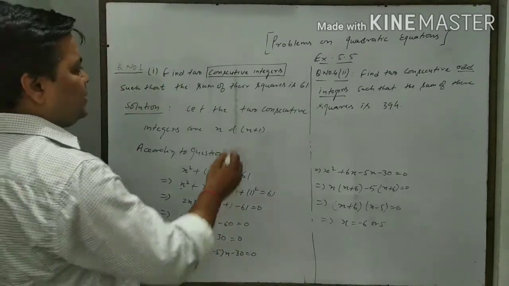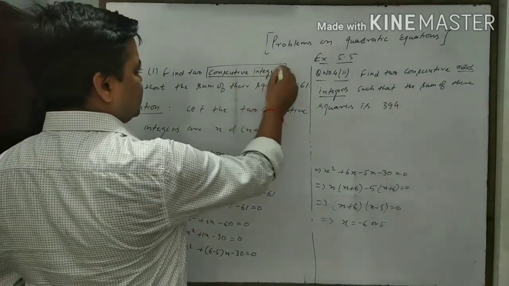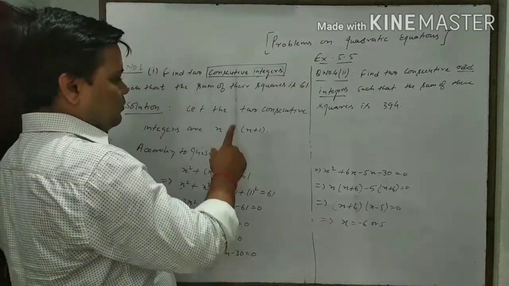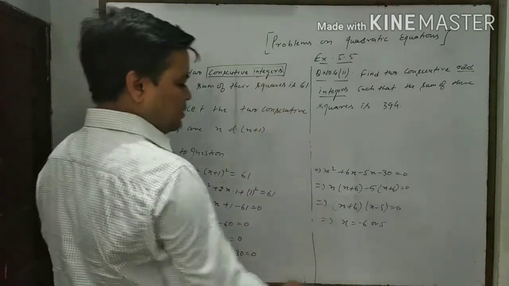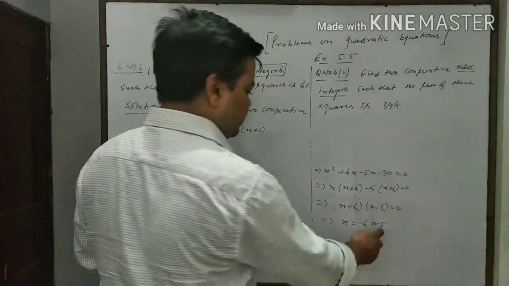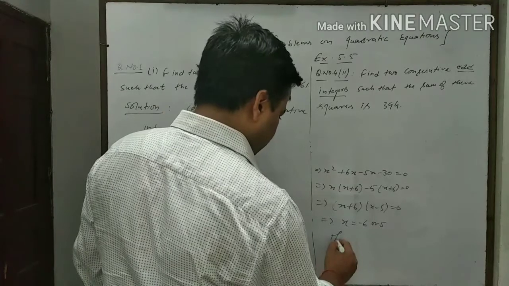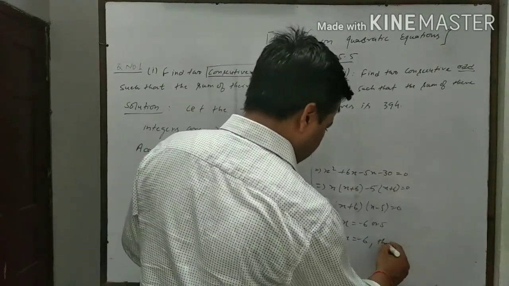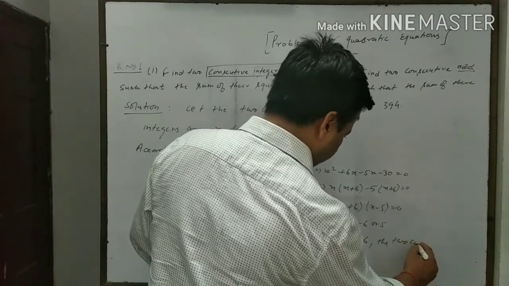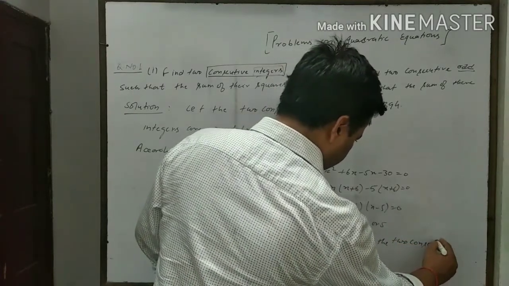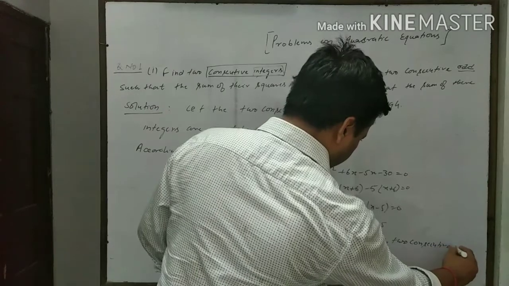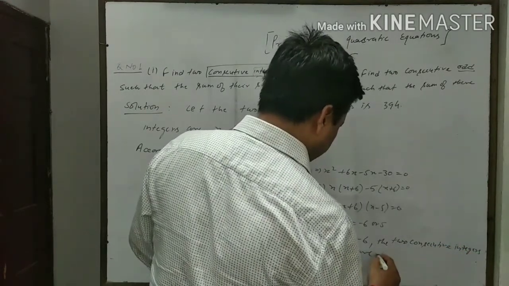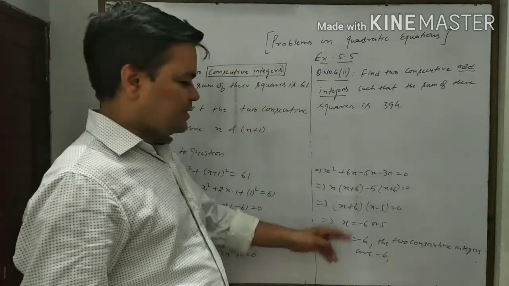And here we have to find two consecutive integers, which means the value of x may be an integer, it may be minus 6 also and it may be 5 also. If x is equal to minus 6, then the two consecutive integers are minus 6, that is x, and x plus 1.